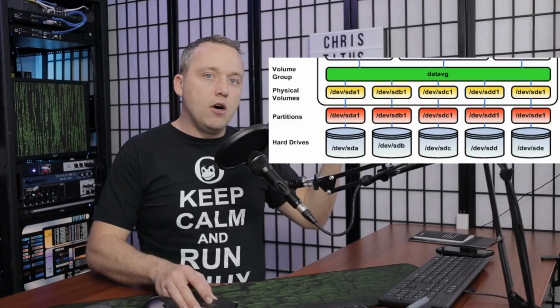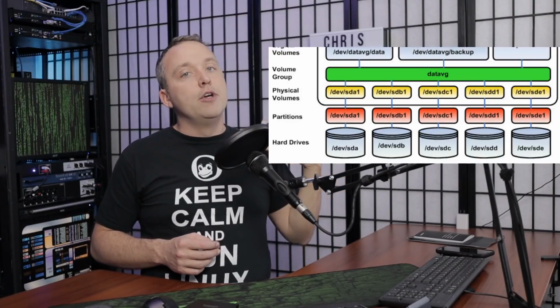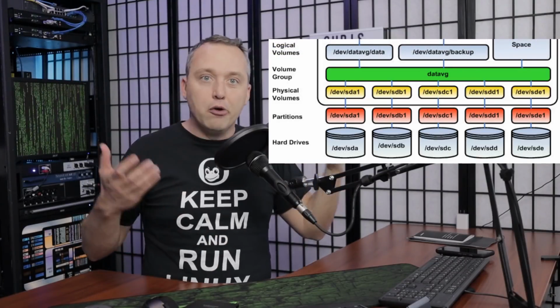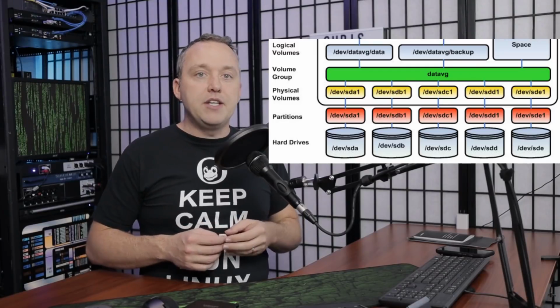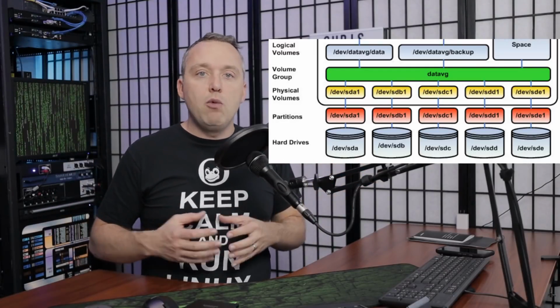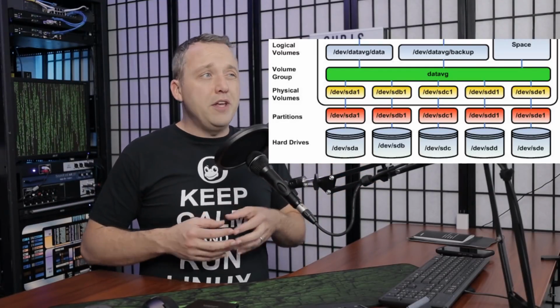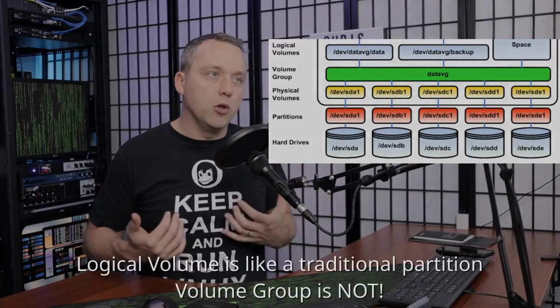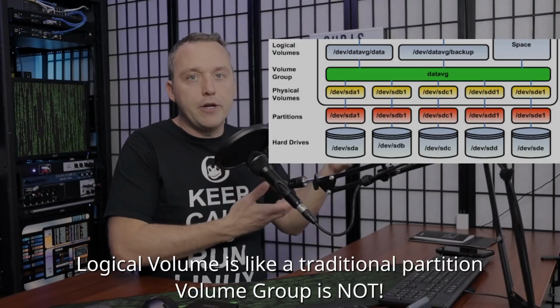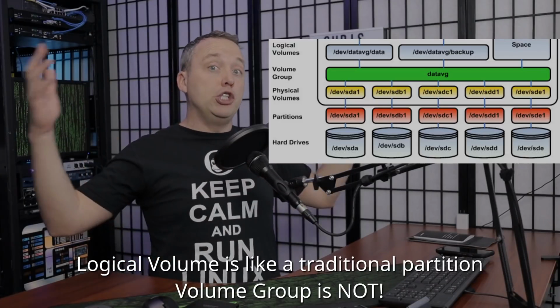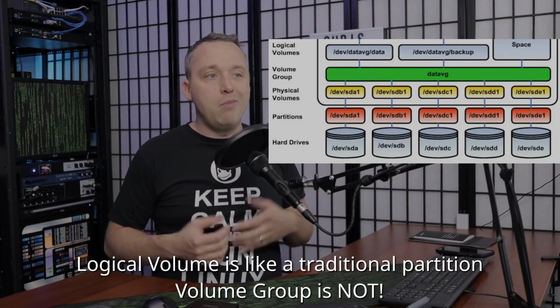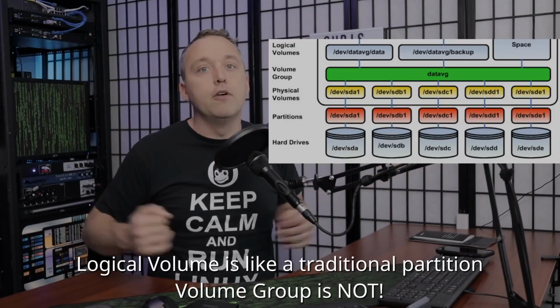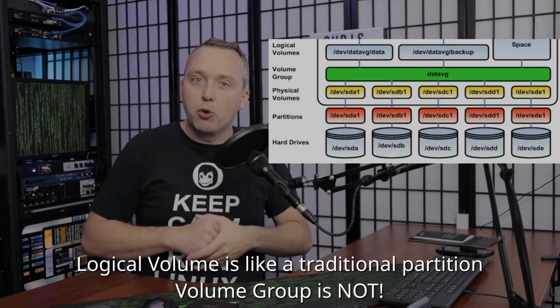And then lastly, on the final layer, you have your logical volumes, hence LVM. This takes that volume group and says, hey, I want to make a file system out of it. Think of the volume group almost like the partition in a traditional environment. This is where you'd carve it up and either make one giant volume or maybe a couple or 3 or 4 different ones depending on the size of this volume group.